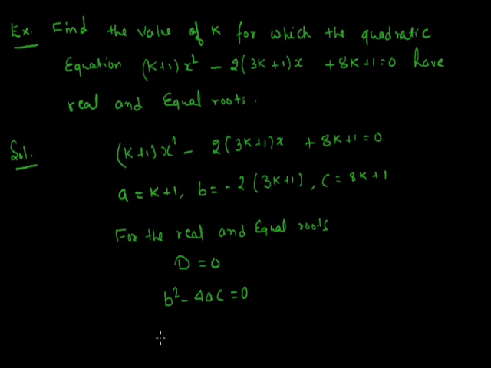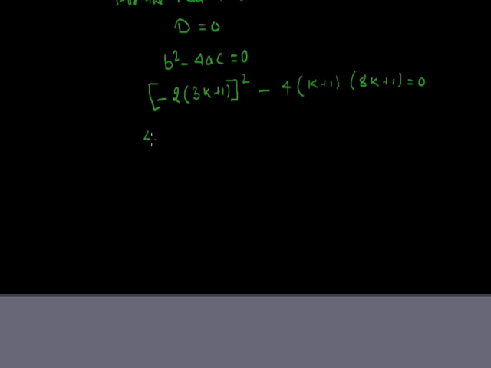Now minus 2(3k plus 1) whole square, b is minus 2(3k plus 1) whole square, minus 4 multiplied by a is k plus 1 and c is 8k plus 1. So this will be equal to 0. So minus 2 whole square is 4, (3k plus 1) whole square.